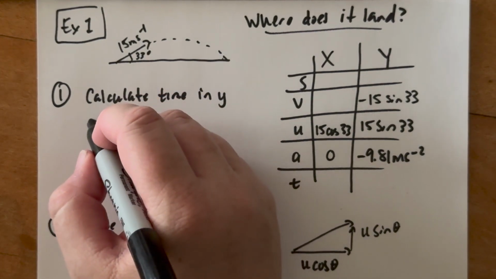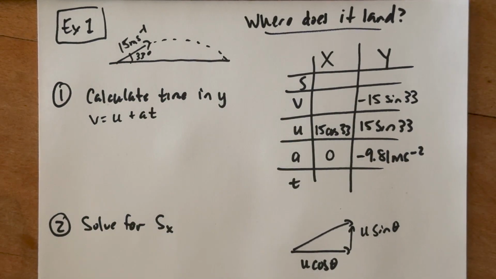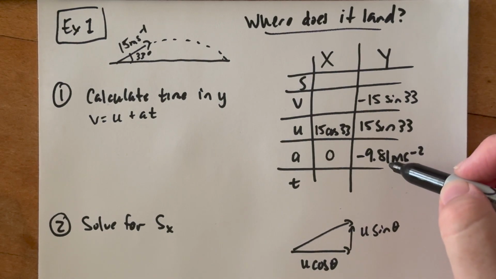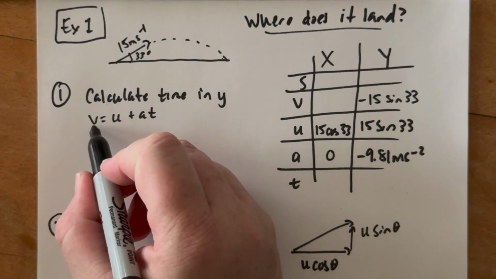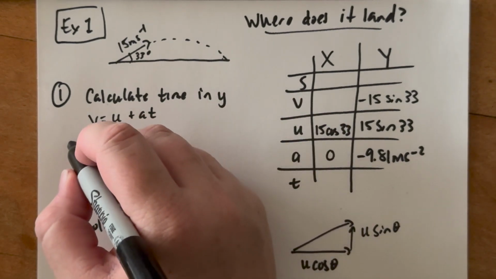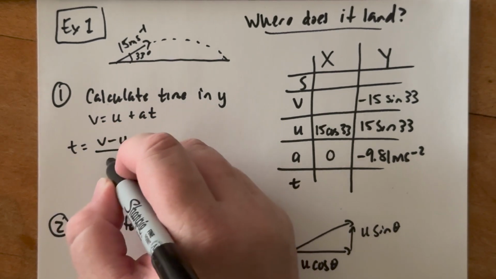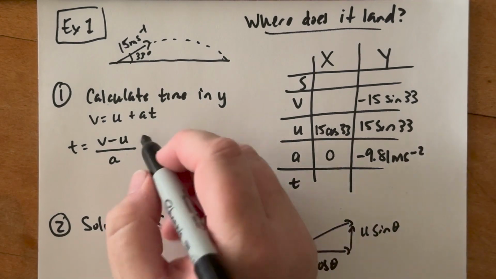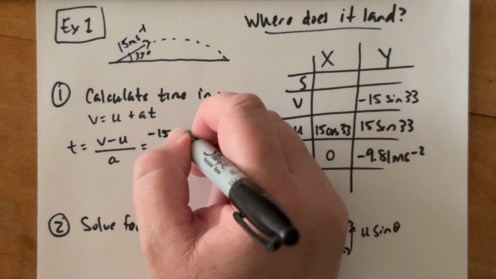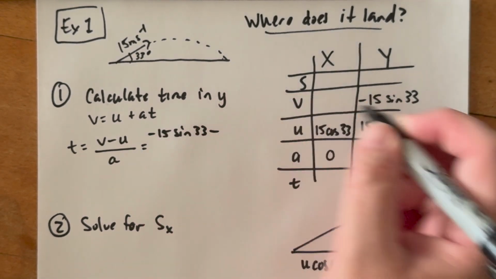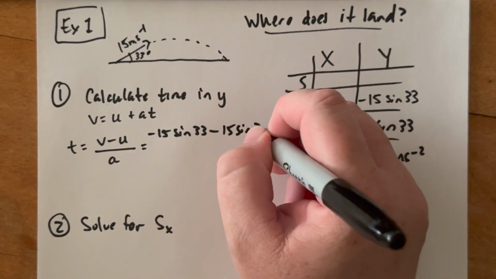We'll use equation 1, v equals u plus at, because we know those variables and we're solving for t. We'll rearrange it: subtract u from both sides and divide by a. That gives us time equals v minus u over a. Our v is negative 15 times the sine of 33, and we subtract 15 sine of 33.